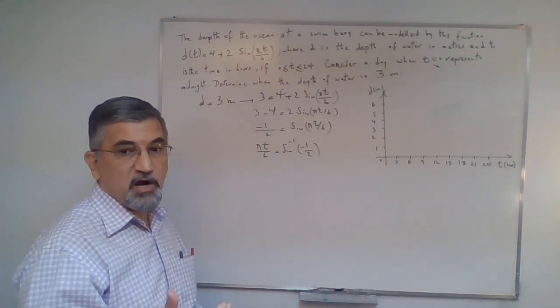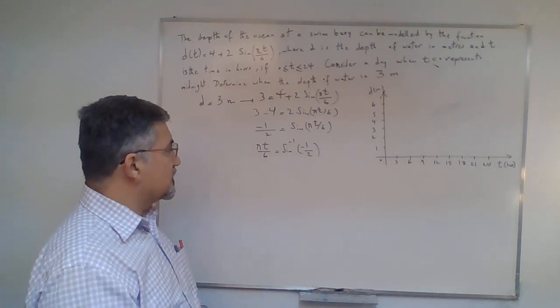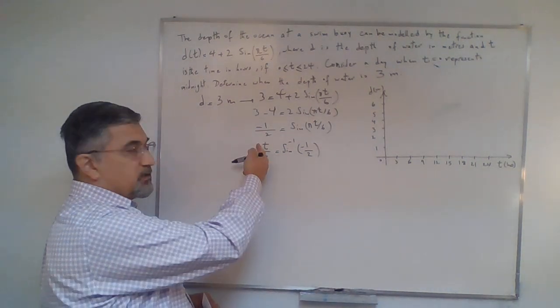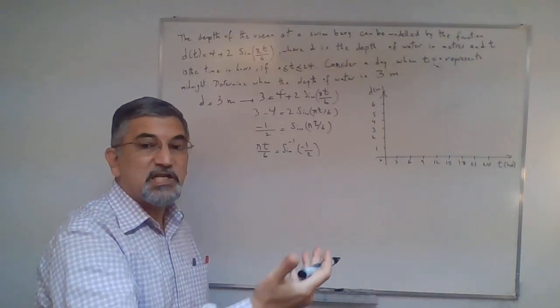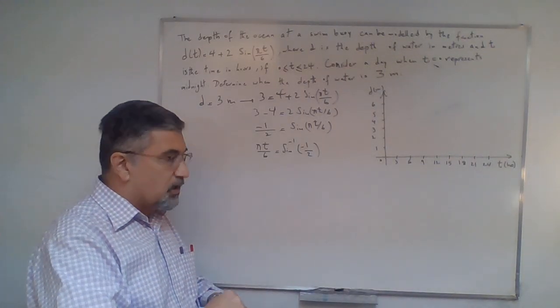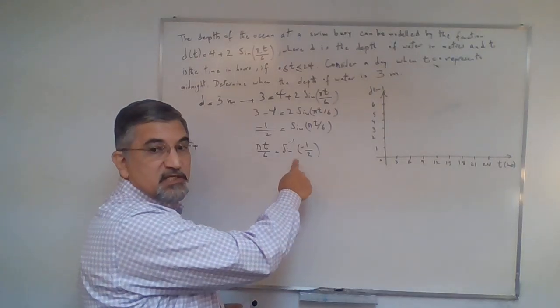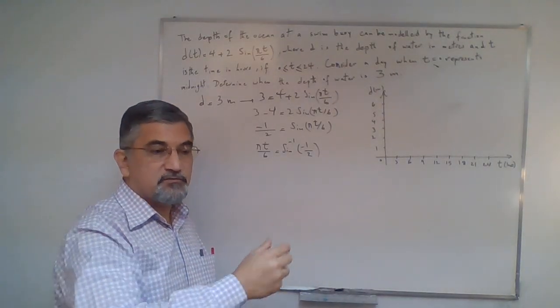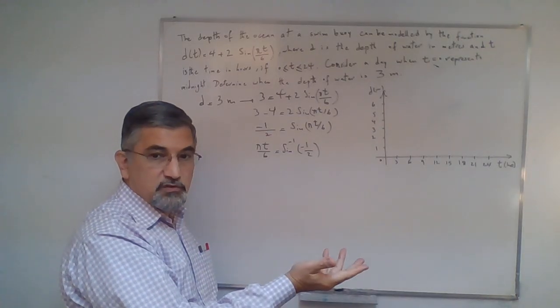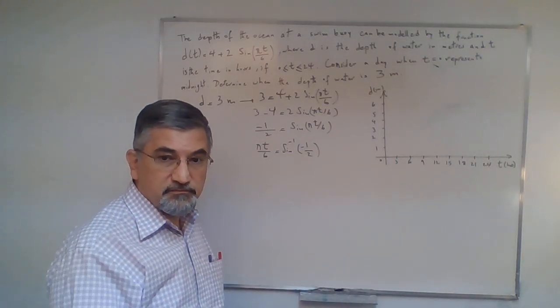Okay, negative pi over 6 radian. But the thing is that if I write negative pi over 6, then time will end up being a negative number. And time cannot be negative, obviously. So it doesn't make sense if I say the answer is negative pi over 6. I have to pick an angle whose sine is negative 1/2, of course, but at the same time, the angle is positive.